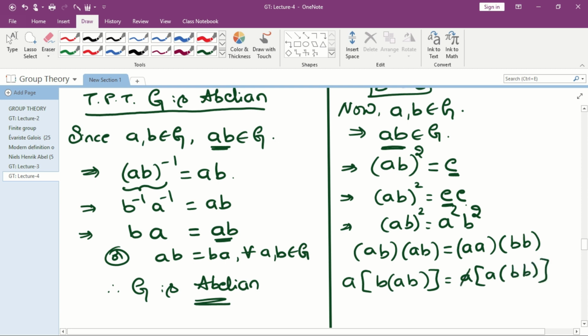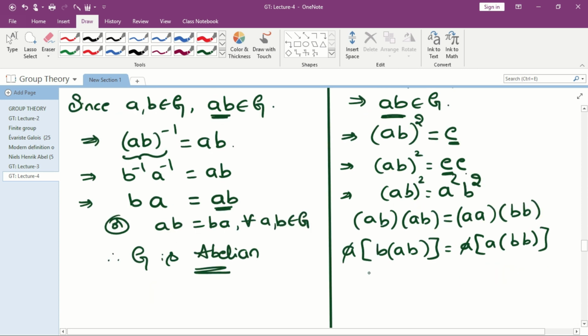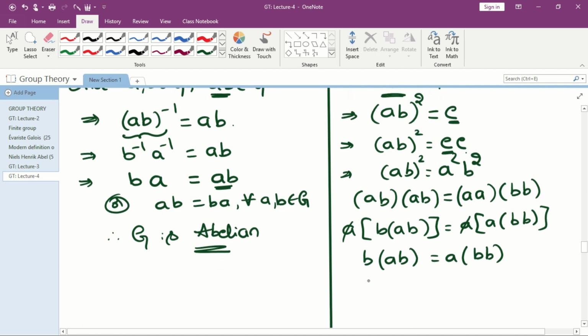Therefore we get A of B of A is equal to A of A into B into B. So using left cancellation law, A gets cancelled. So remaining is B into A into B is equal to A into B into B. So again use associative law.